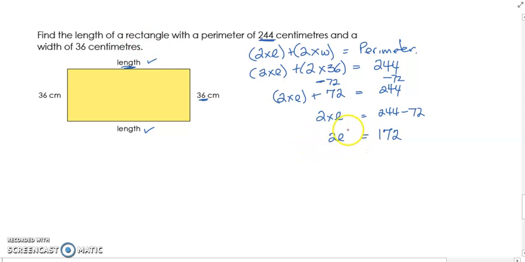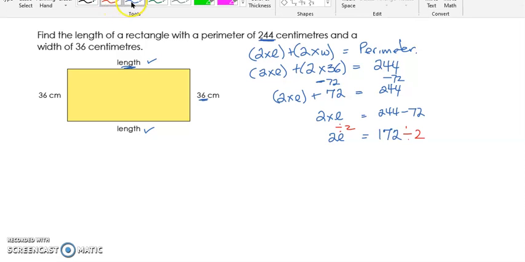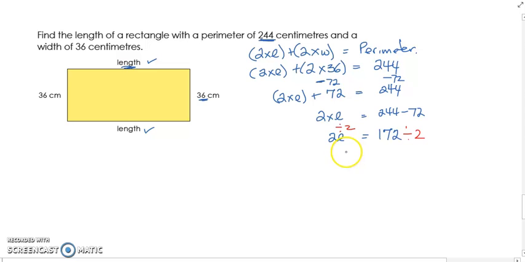So we are going to divide 172 by 2, and if we divide 2L by 2 as well, that is going to leave us just 1L. Because we had 2 L's, we share it between 2 people, we only have 1 L each. We take 172 and divide by 2, we're going to get 86. So L is equal to 86. So then we know that this is 86 centimeters and this is 86 centimeters.